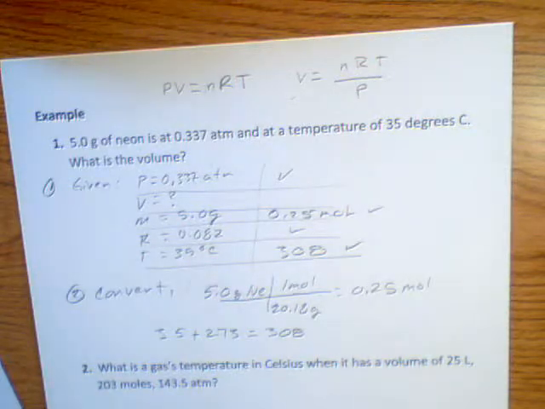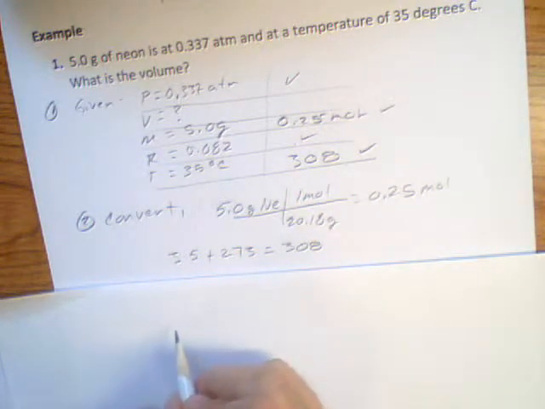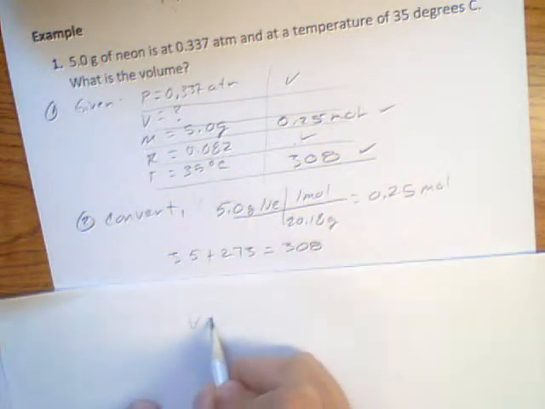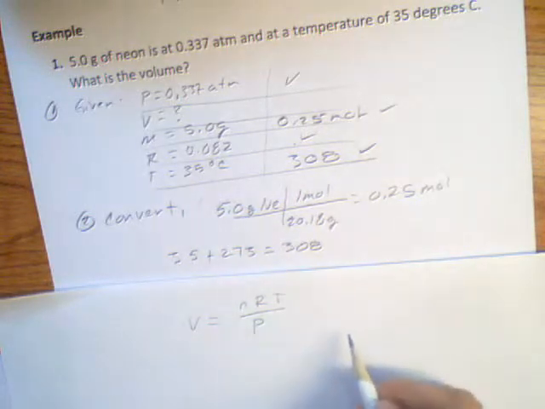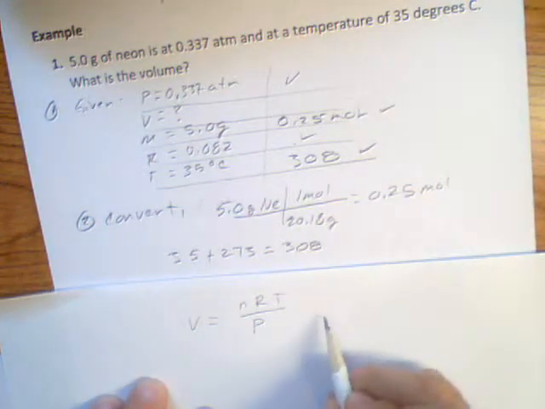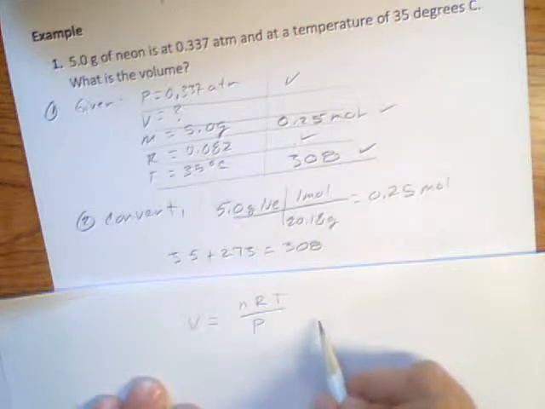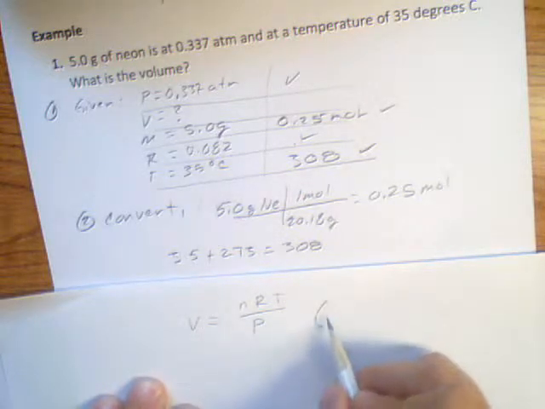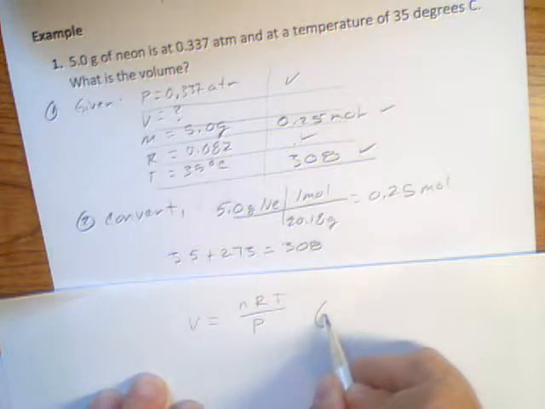So what we'll do is take and plug it into our equation. This is our equation, V equals nRT over P. So all we're going to do is just plug the numbers in, right? So starting with n, working from left to right, I'm going to put a parentheses here because that's what you need to put in your calculator.